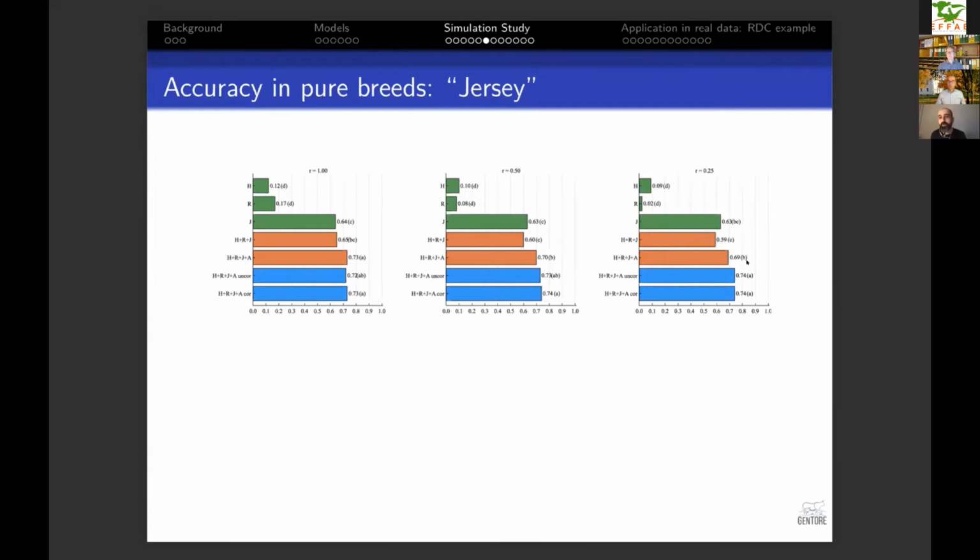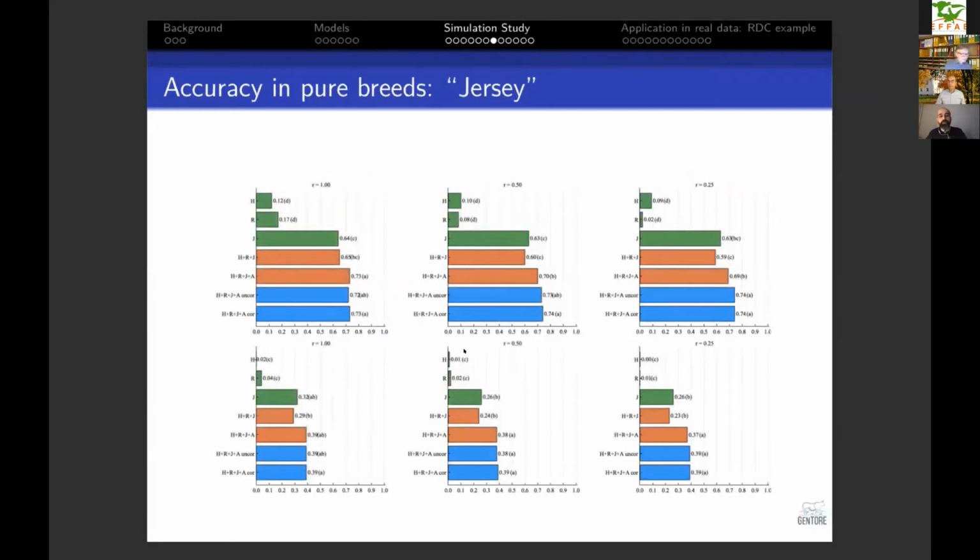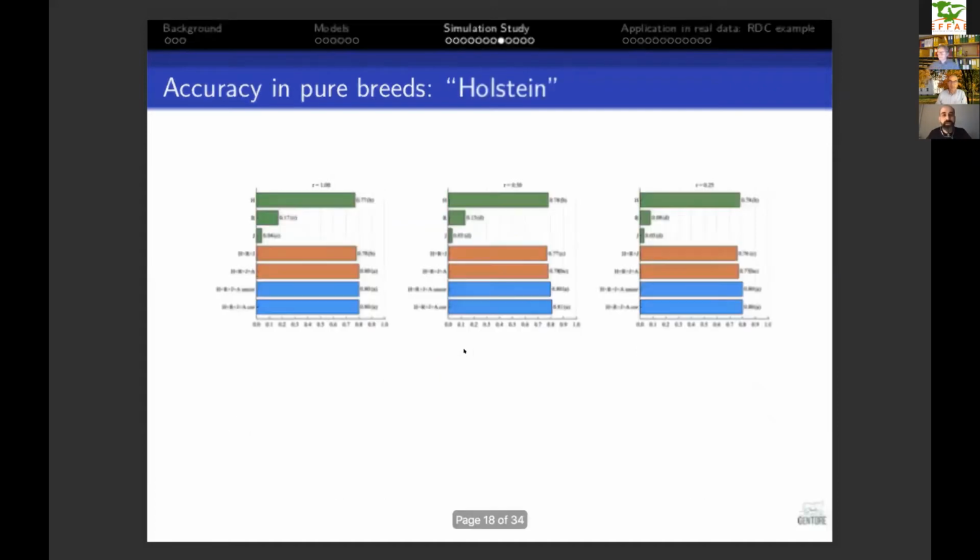And it's more apparent if the genomic correlations between the breeds reduce. It's the same trend for the low heritability trait, so I will just skip this here.